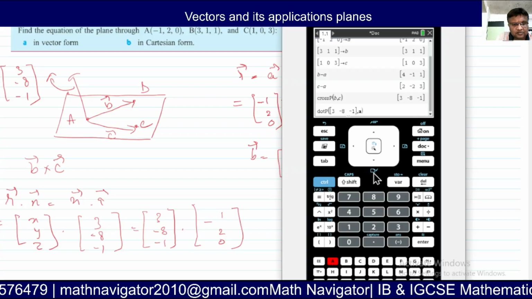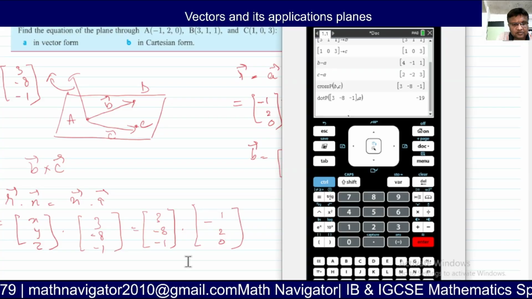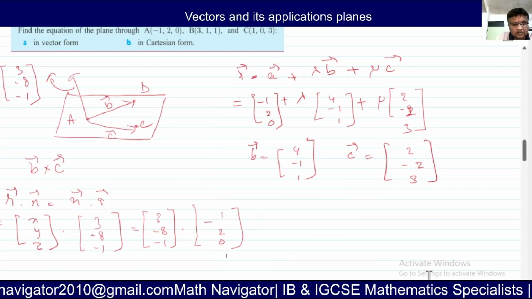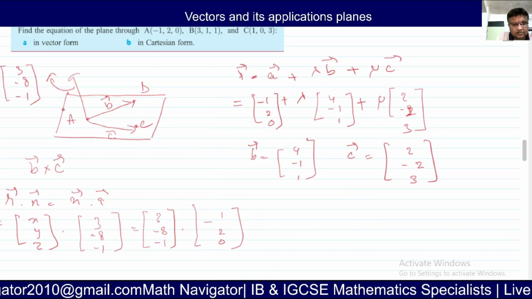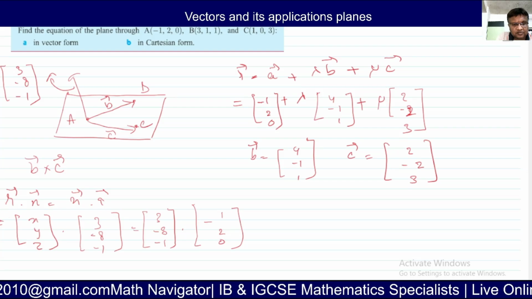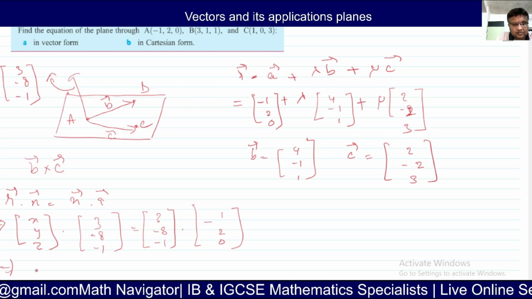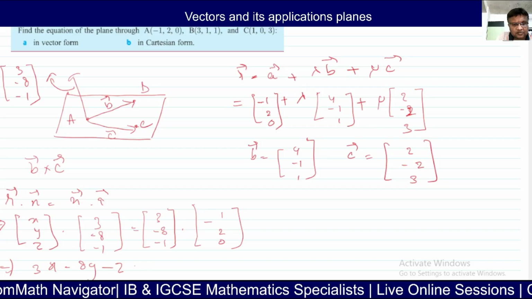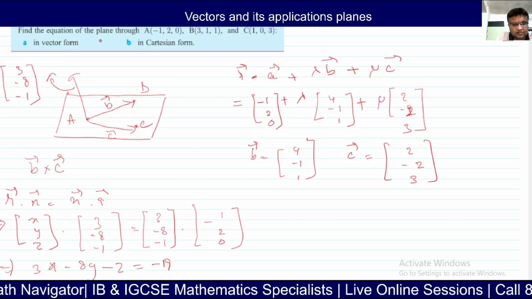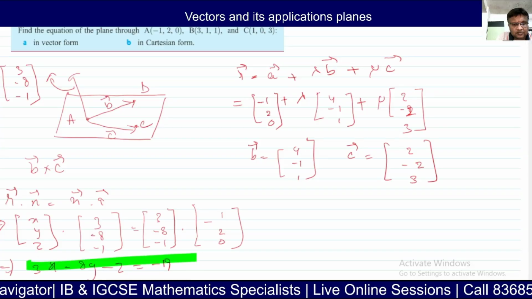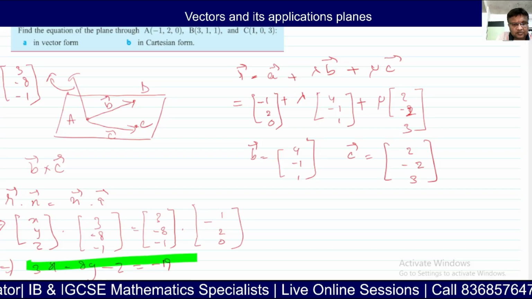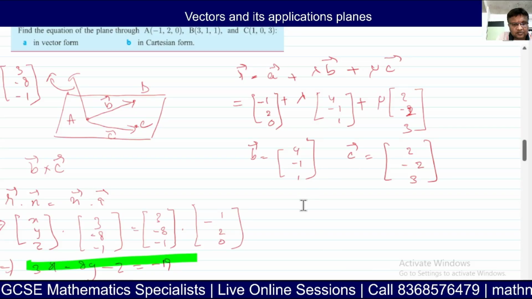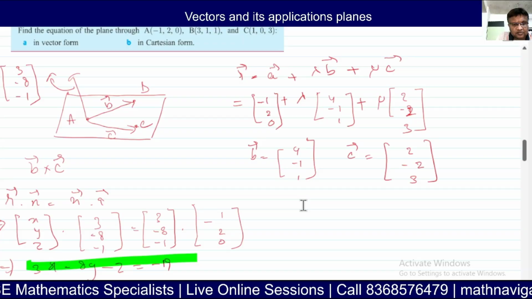And hit enter. Minus 19. Very good. We got 3x minus 8y minus z is equal to minus 19, so this is my answer. Right. So I hope everything is clear to you.